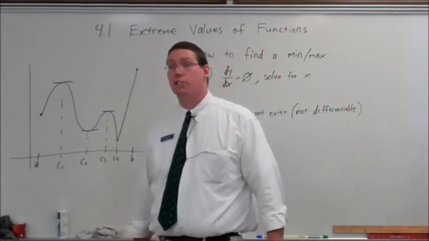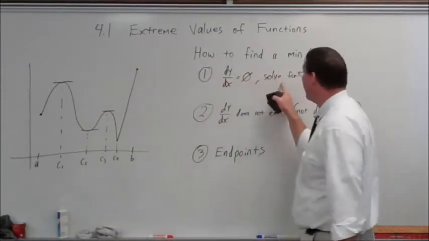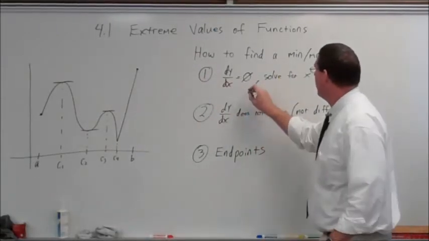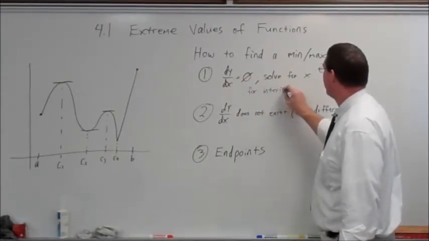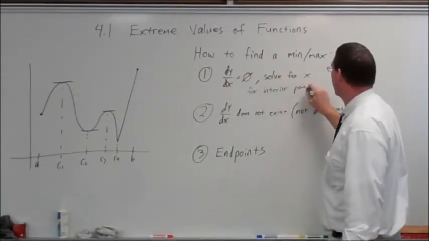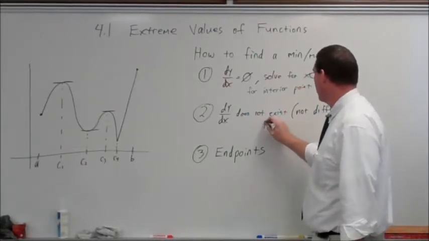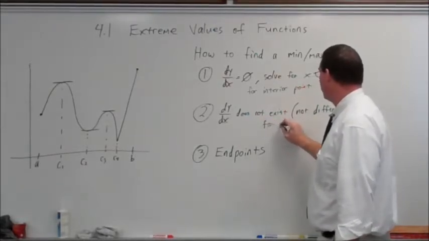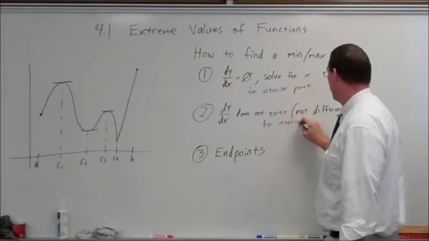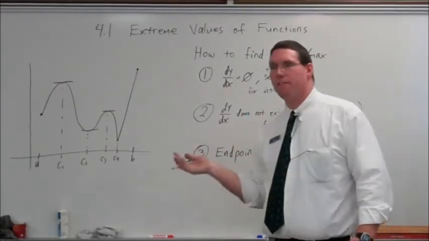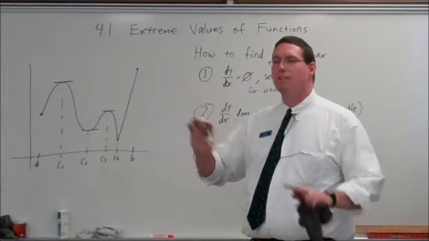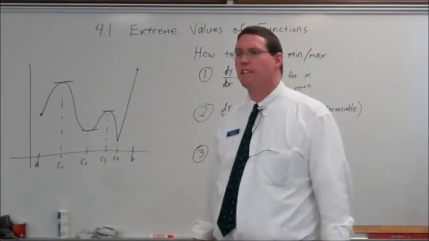You are only going to solve for x for interior points, and the same thing for where it doesn't exist, for interior points. If your derivative equals 0 at a point outside of your interval, don't worry about it. Just leave it alone.